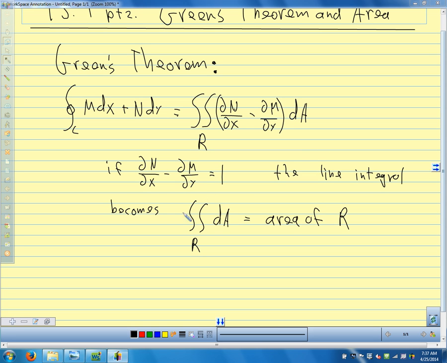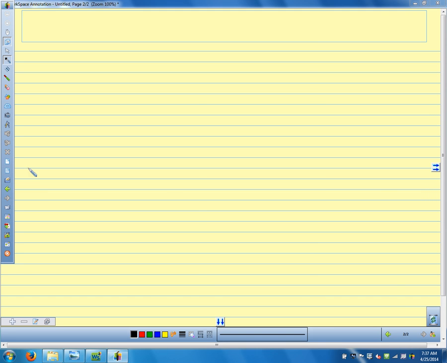So we want to arrange it so this quantity is 1. We want to pick M and N so this quantity turns out to be 1, and then we can use a line integral to find the area. We have a couple of ways that we can do this.